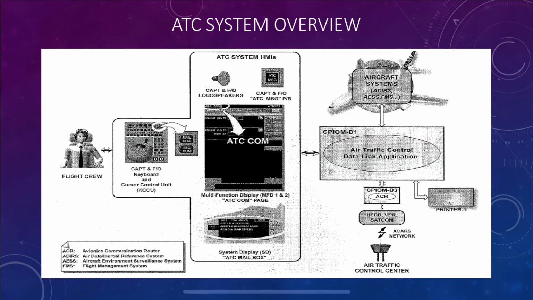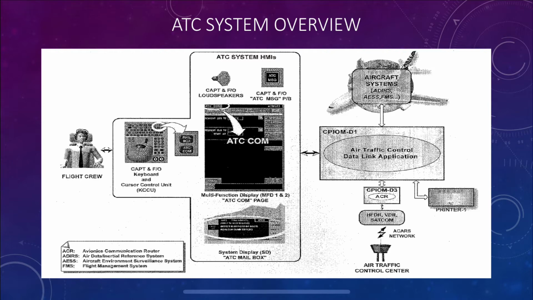So after all the things that I talk about, right now we can see the ATC system overview. On the left hand side, there is flight crew, and then we can see captain and first officer keyboard and cursor control unit. This is what we call KCCU. In the KCCU, we can see there is mailbox and ATC COM push button.